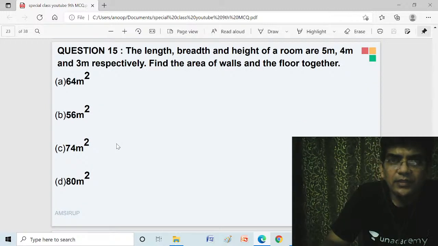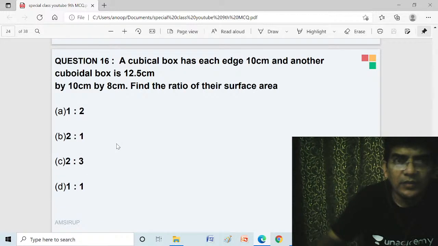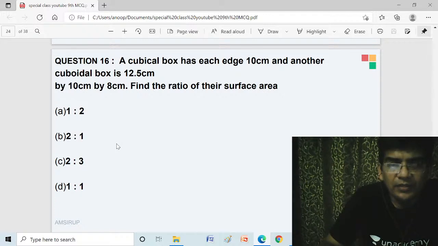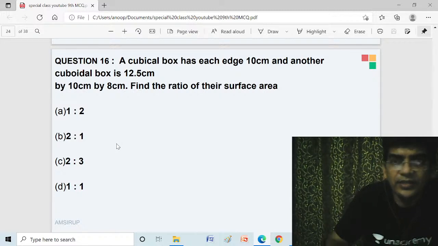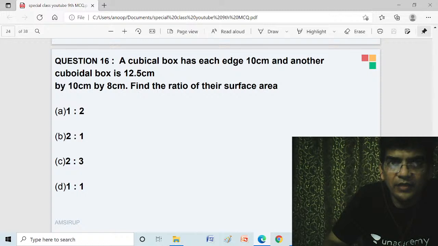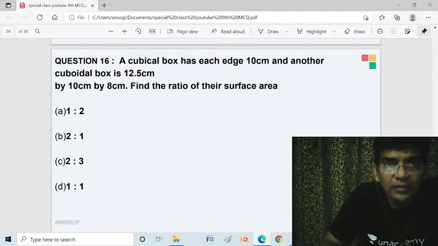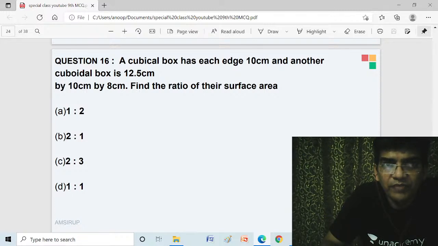Here they say, this we have done. Now they say a cubical block has an edge of 10 centimeter, and the other box is 12.5 by 10 by 8.